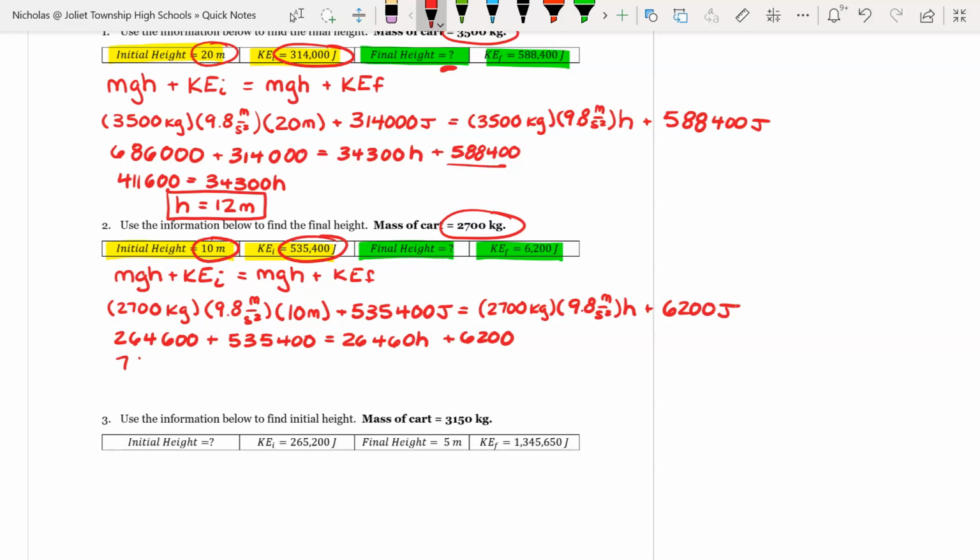So I get 793,800 equals 26,460h. And then when I divide both sides by 26,460, I get a height of 30 meters.